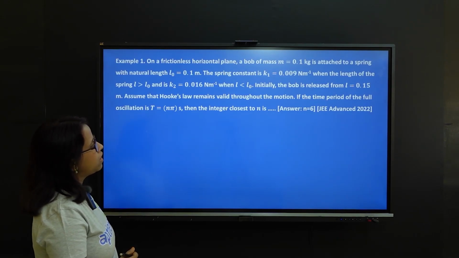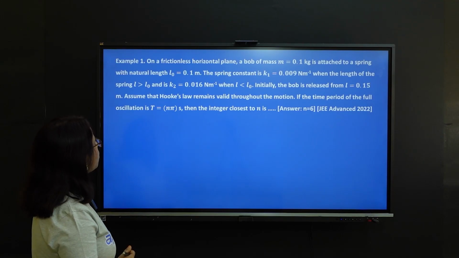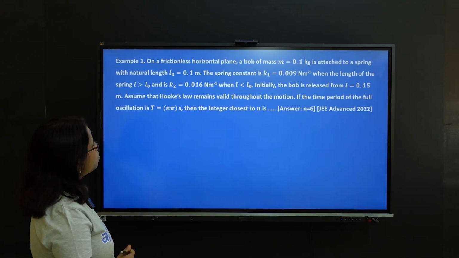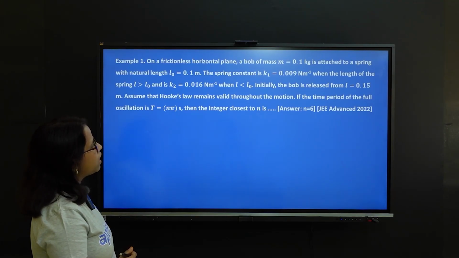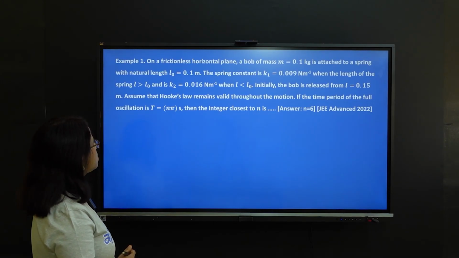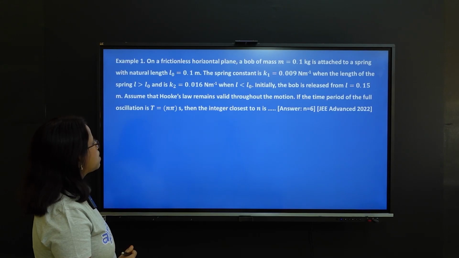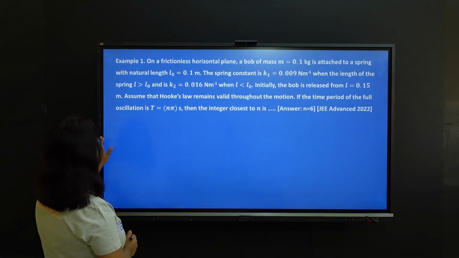Initially, the bob is released from L equals 0.15 meter. Assume that Hooke's law remains valid throughout the motion. If the period of the full oscillation is T equals n pi in seconds, then the integer closest to n is.